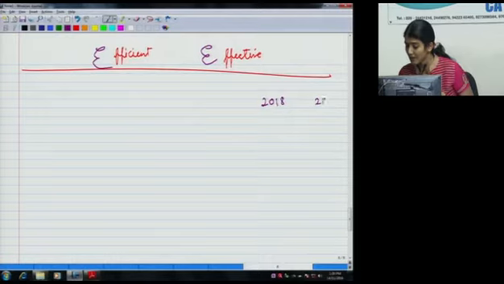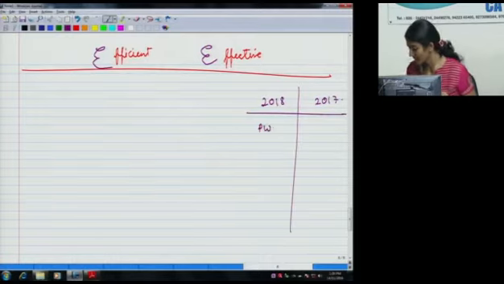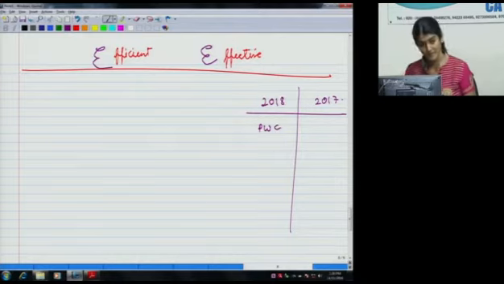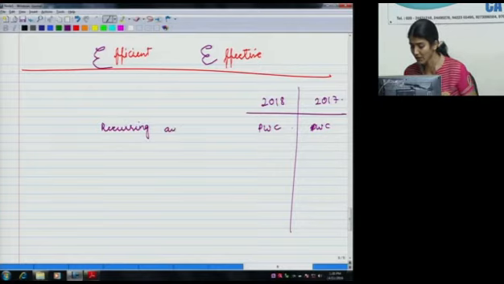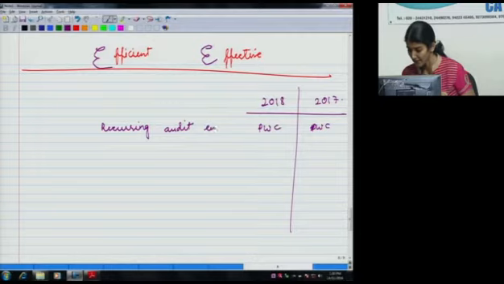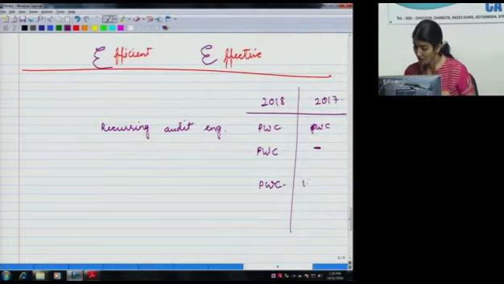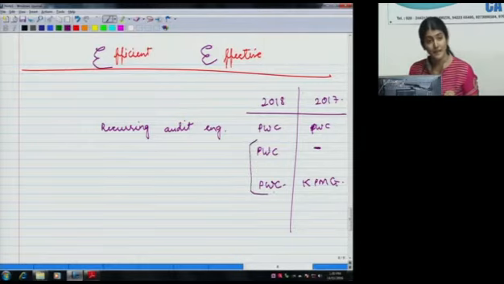2018 and 2017. 2018 audited by PwC. 17 also audited by PwC. Right. So this is an instance of a recurring audit engagement. 18 audited by PwC, but up to 17 no audit was being conducted, or up to 17 the audit was being conducted by KPMG.